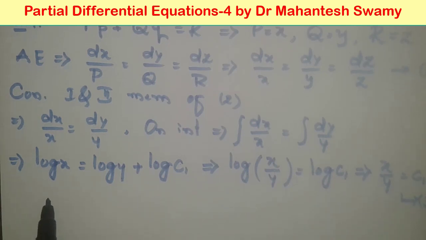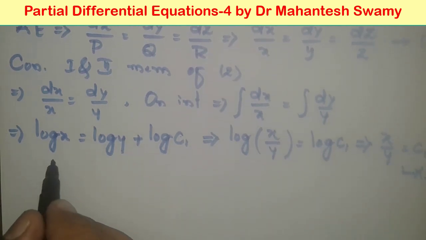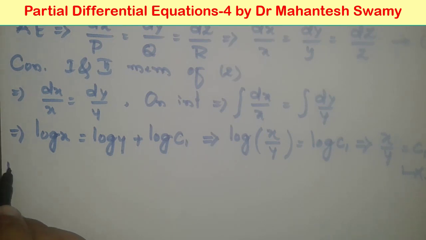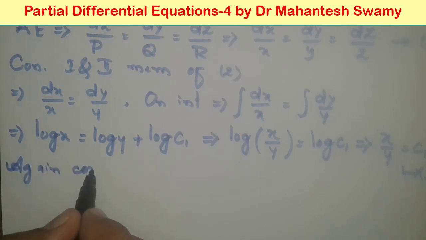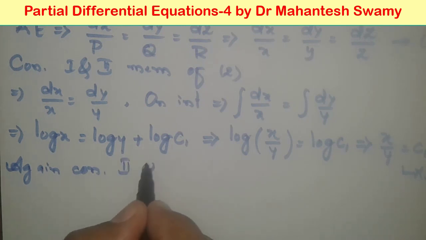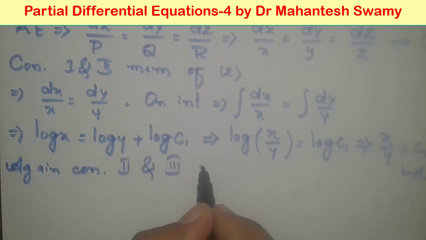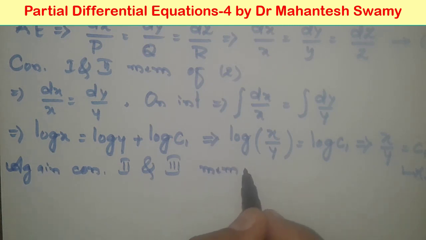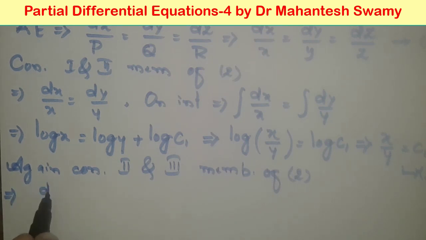In the similar way, let us consider the second and third members of the auxiliary equations 2, that implies dy by y equals dz by z.